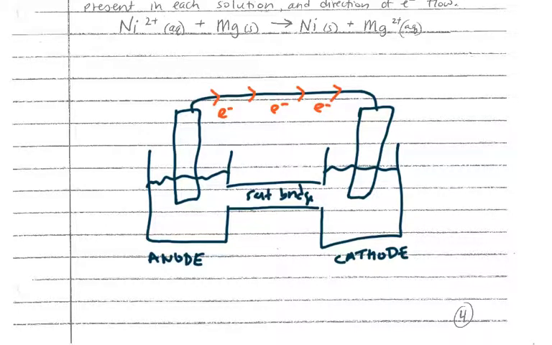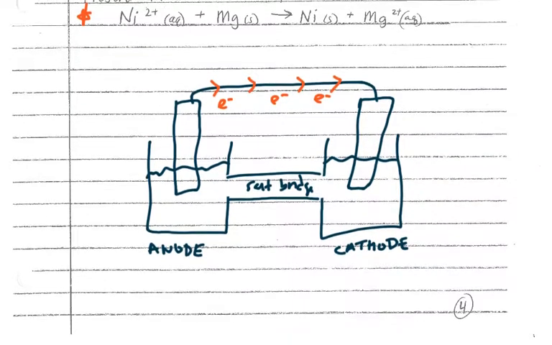And now what we're asked to do is determine which half reaction is going to go at each cell. So we've got nickel ion, which has a 2+ charge and an oxidation number of 2+. I'm assigning oxidation numbers for each of these species. And now I need to figure out which one is the anode and which is the cathode. So cathode, red cat, is the reduction reaction. Which one's charge gets reduced? That would be the nickel, goes from 2 to 0.